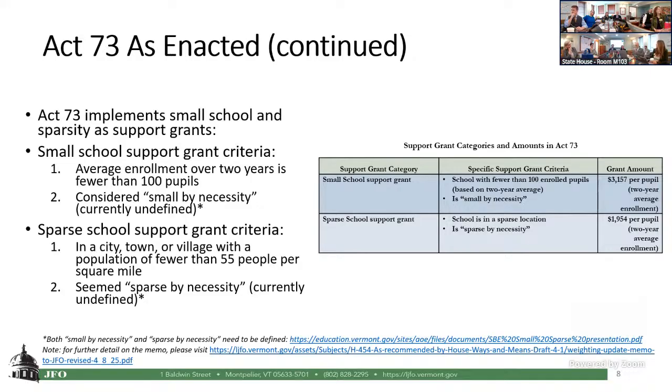So it could be the economies of scale, which of course is also related to small schools. It could be additional transportation costs, pieces like that.